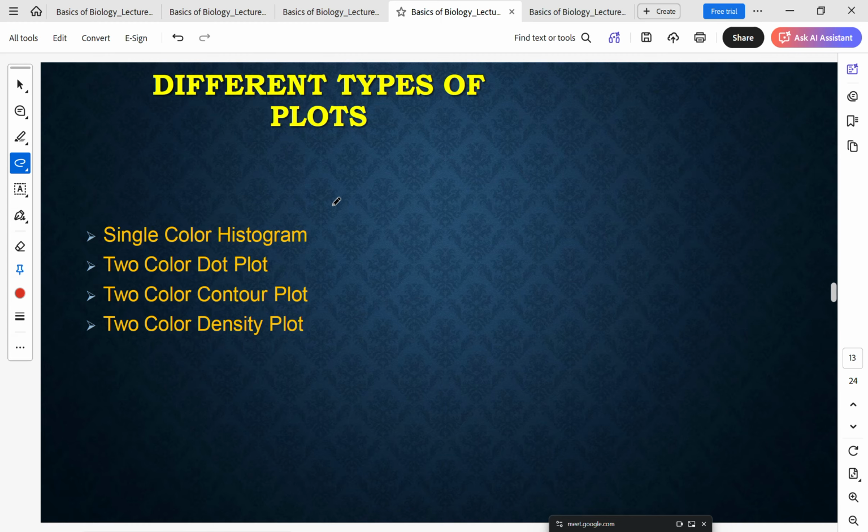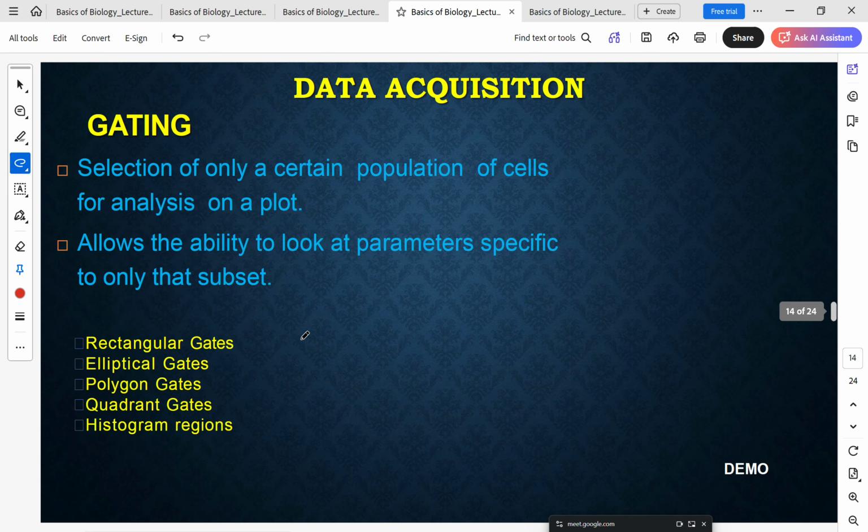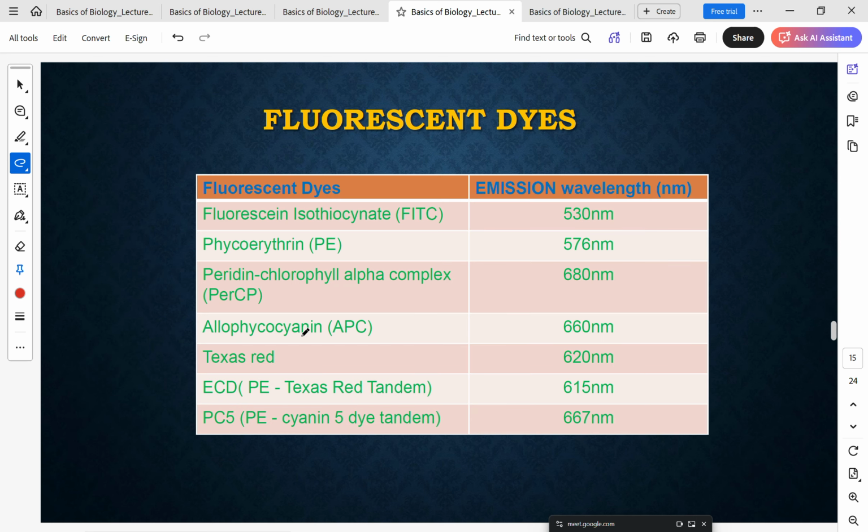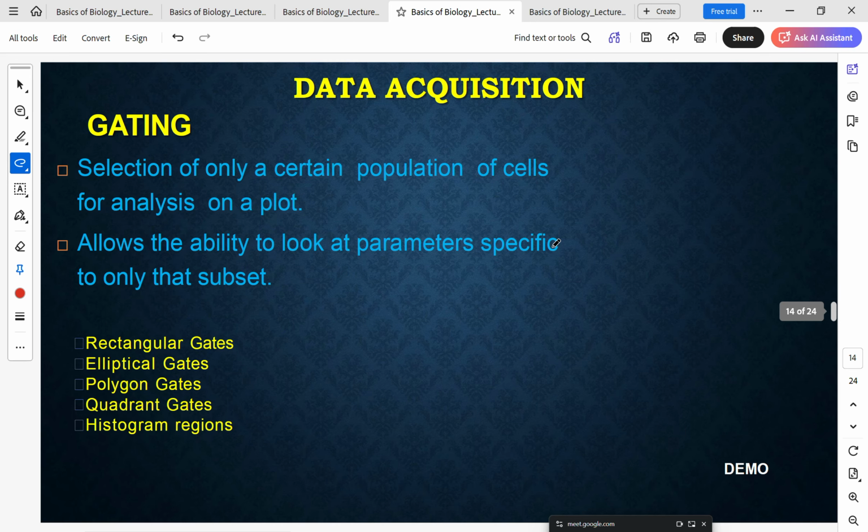You can have different kinds of plot. There can be a single color histogram, a two color dot plot, contour plot, or density plot. I can mention how all of these look in the next class. If you want to not only analyze the data, but see if there is a specific subset and collect them, you do gating within the flow setup.